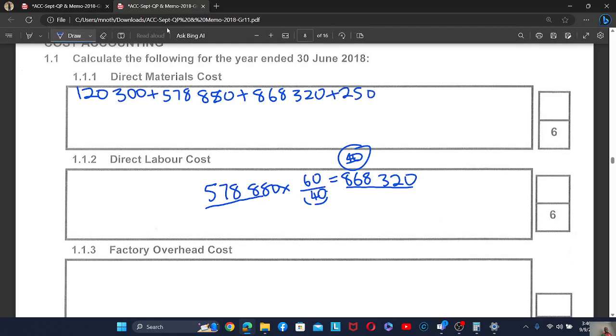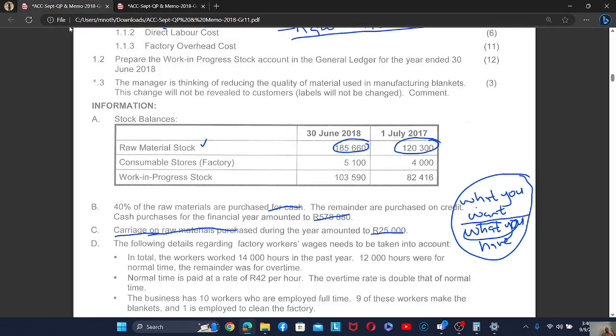But the transport is not the raw materials, so why do we add it? Actually, we are adding this 25,000 to the raw material because it is also a cost of buying this raw material. When we were buying this raw material, these amounts were supposed to be combined.